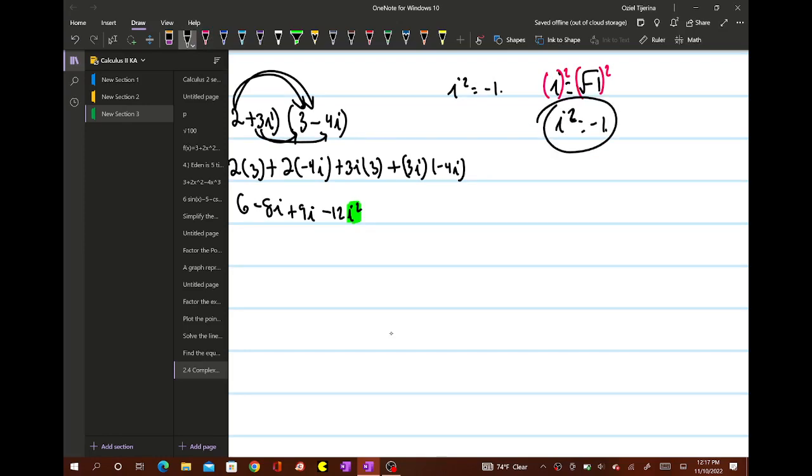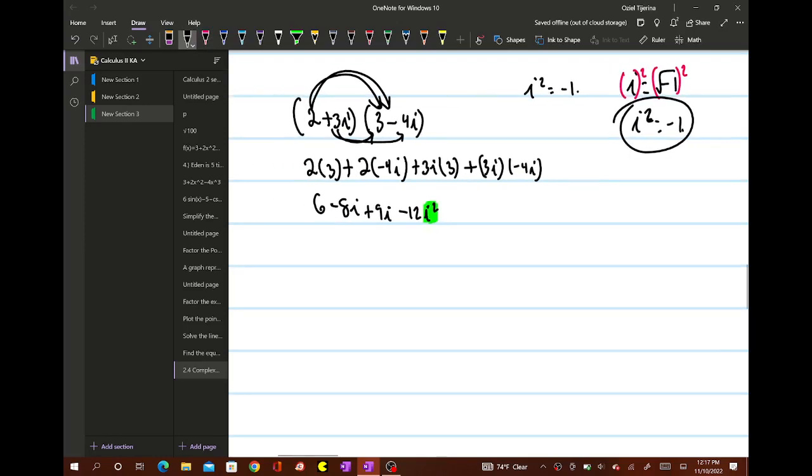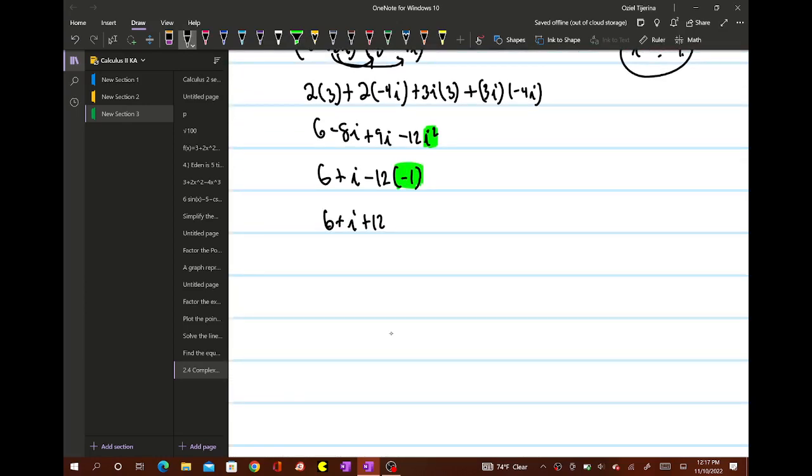So here you would have 6 plus i, since 9 minus 8 is i, and then minus 12 times -1 because i squared is -1. So this becomes 6 plus i plus 12. Combining like terms, we have 18 plus i.